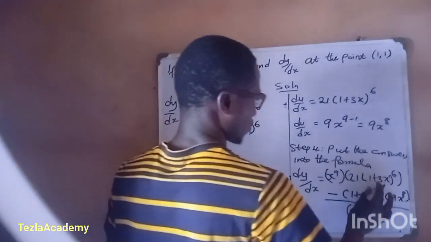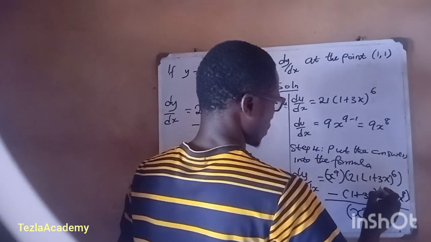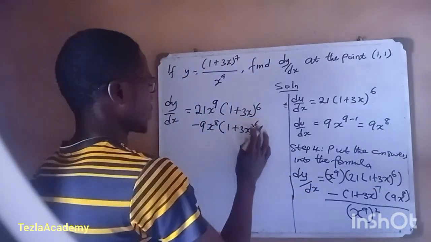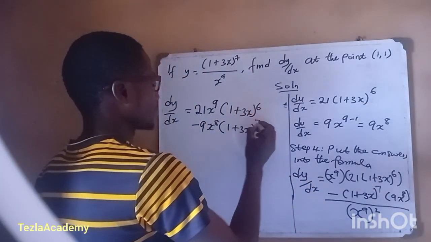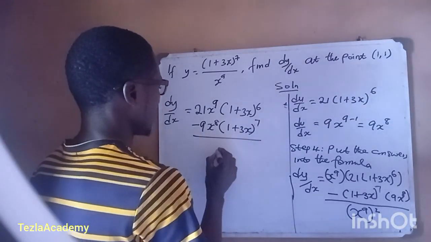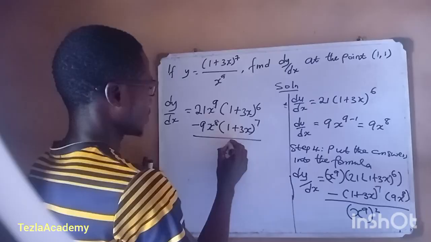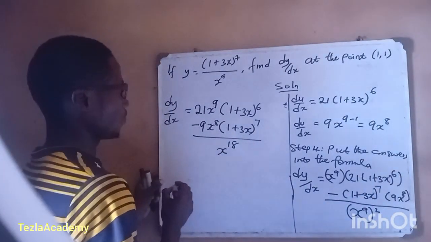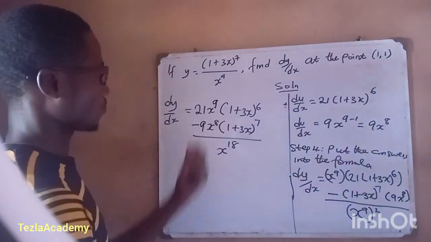Our u was power 7, so this is power 7. So going forward, this is over x raised to the power 18, because 9 times 2 is 18. Now we don't have to go further because we cannot simplify this further.